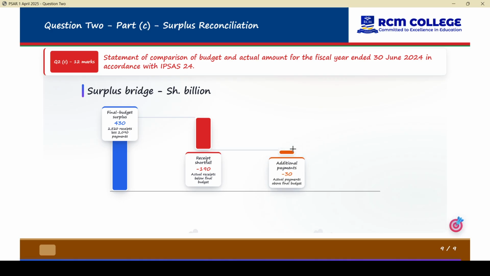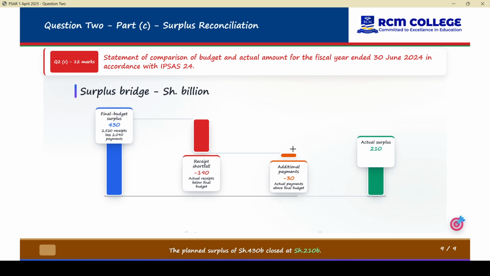The additional payments, the actual payments we paid more. Additional payment is minus 30. Actual payments above final budget. Therefore, we have an actual surplus of 210.